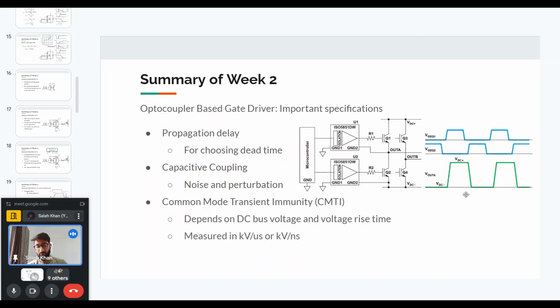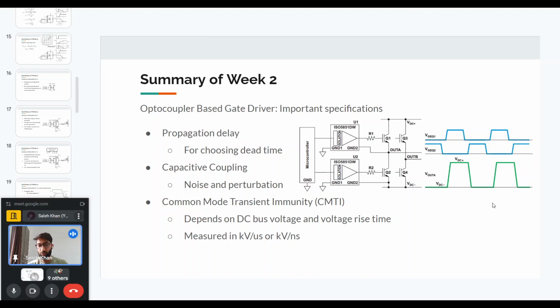Based on that, we will have a dV/dt rating, and the CMTI rating of the gate driver should be higher than the dV/dt of your application, whatever your DC bus voltage is and how much time it takes for the voltage to rise and fall.